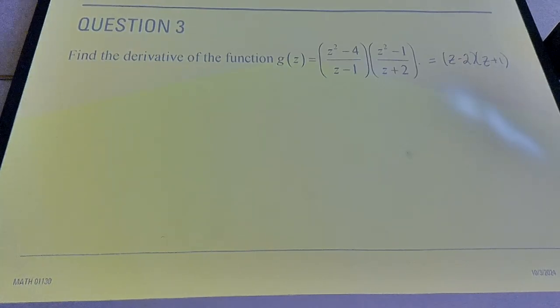Does it not just simplify to z minus 2 times z plus 1? Not necessarily. Busy multiplying those together. But z squared minus 4 is z plus 2 times z minus 2, isn't it?